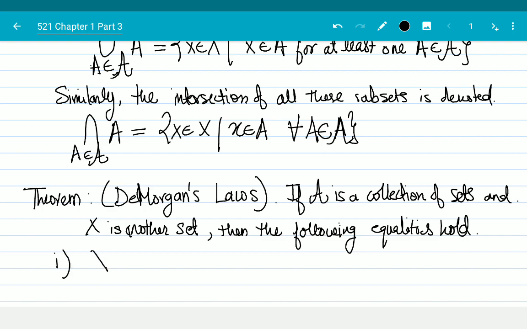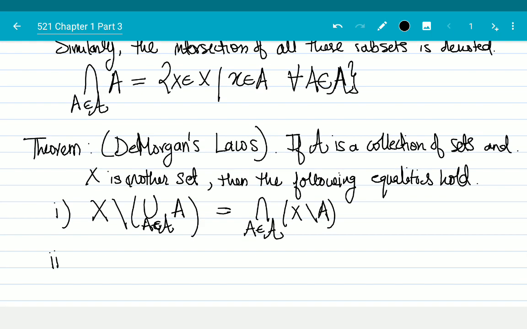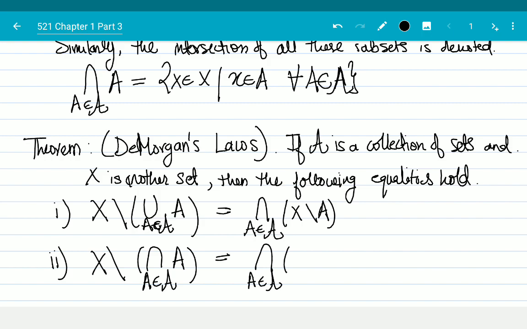First, X minus the union of A in A of A. So X minus the complete union is actually the intersection of A in A of X minus A. And second, X minus the intersection of A in A of A is equal to the union of A in A of X minus A. Sorry, this should have been a union.